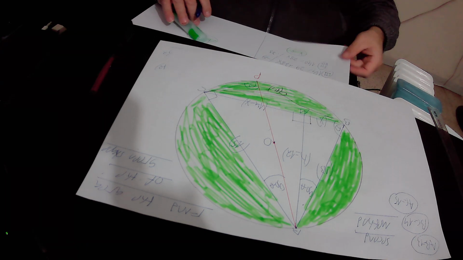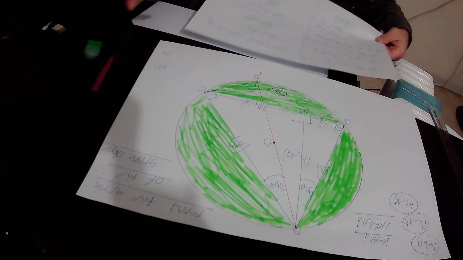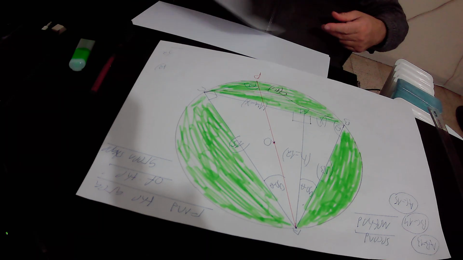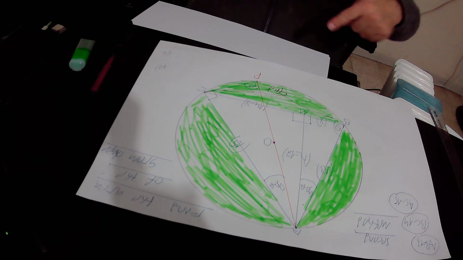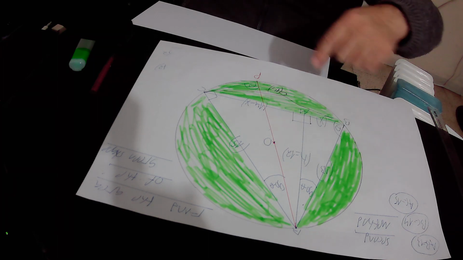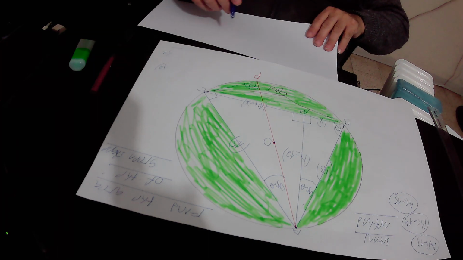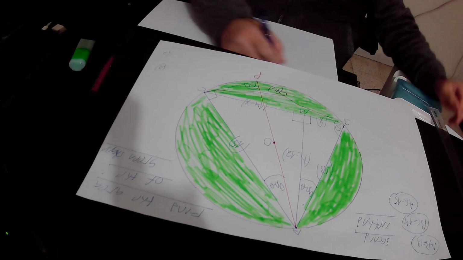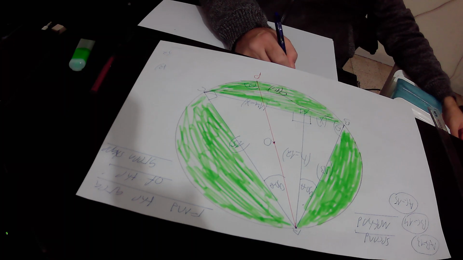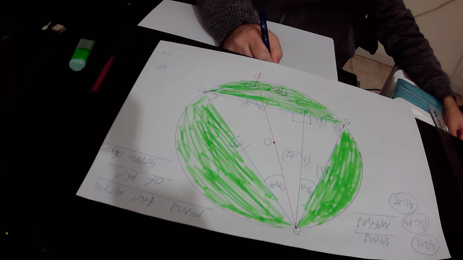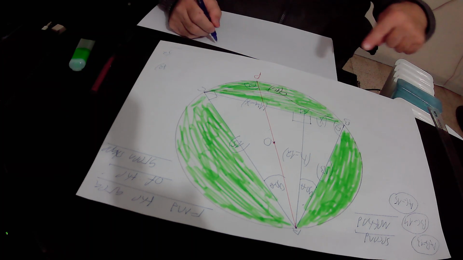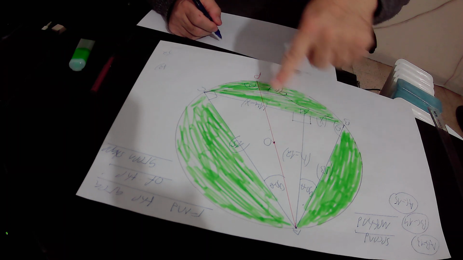So I'll write it down. We prove that the right triangle AMB is similar to the right triangle APC.